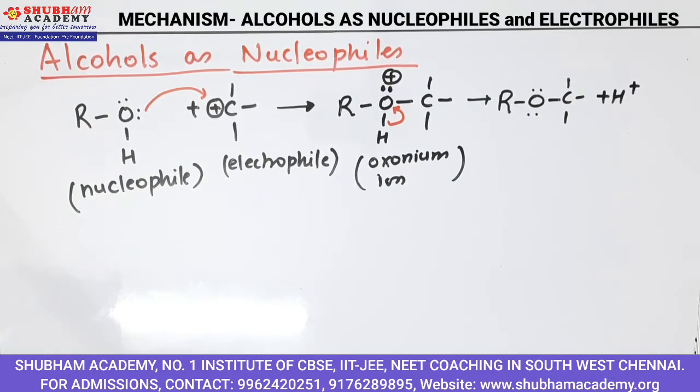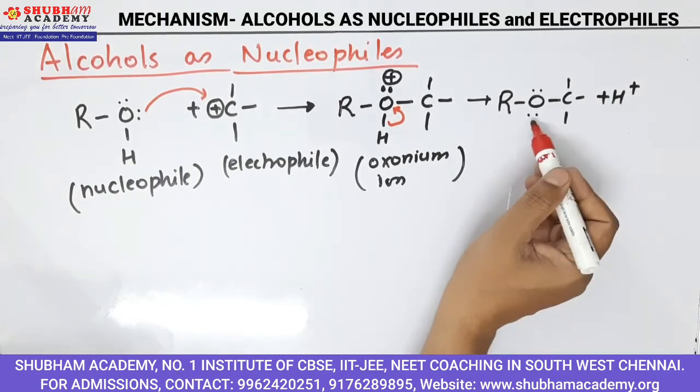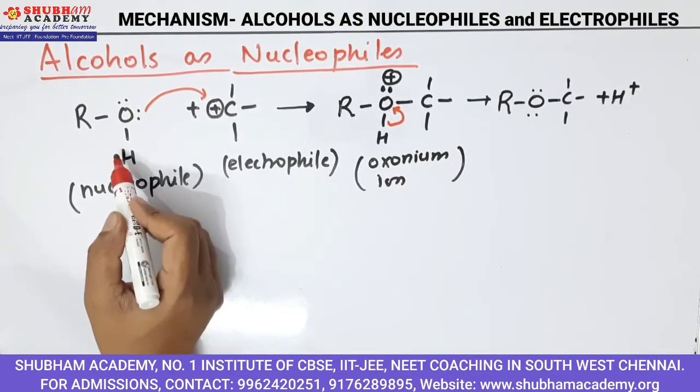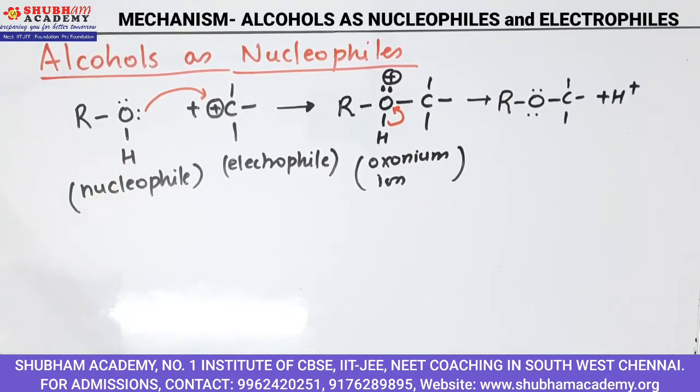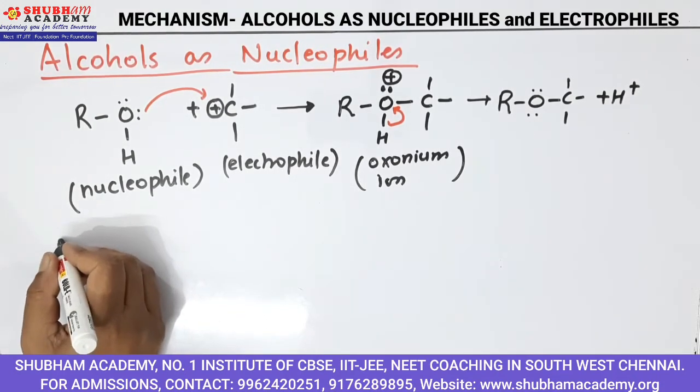Now one thing you have to see here, that when alcohol is acting as a nucleophile, you see here there is no hydrogen, right? So that means when alcohol is acting as a nucleophile, the bond between O and H is broken.